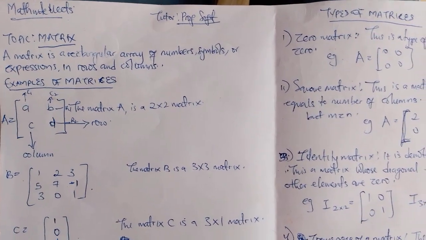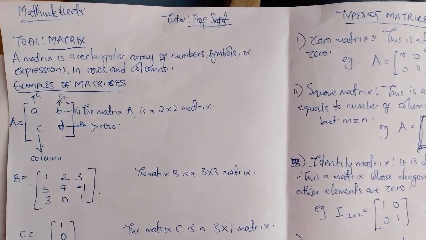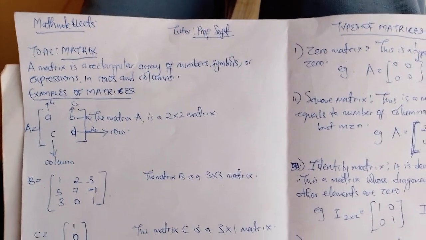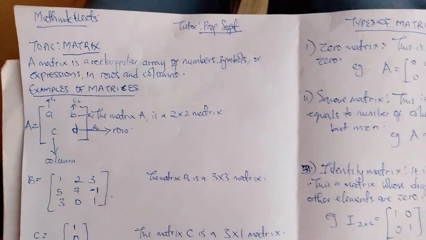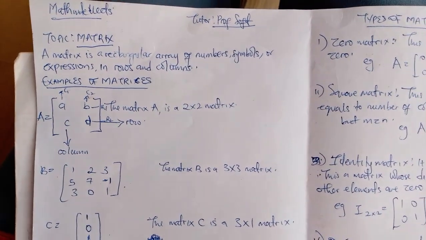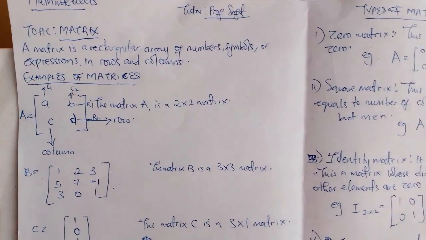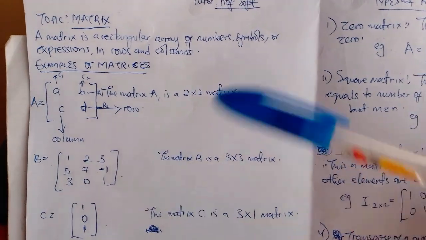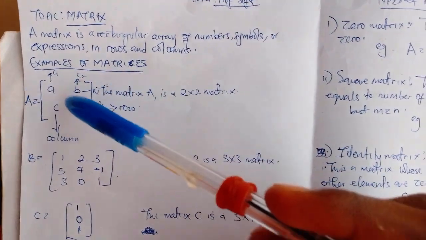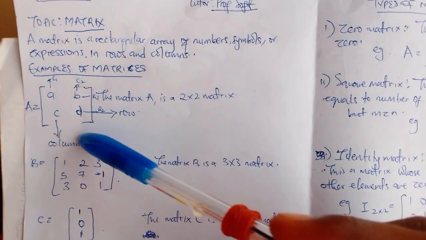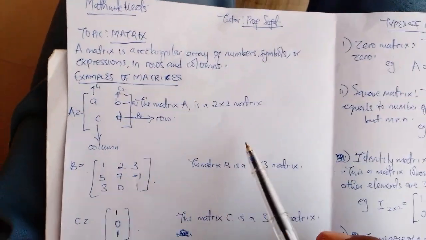A matrix is just a rectangular arrangement of numbers, symbols or expressions in rows and columns. So when you have an expression or a symbol arranged in rows and columns like this, then we say it's a matrix.